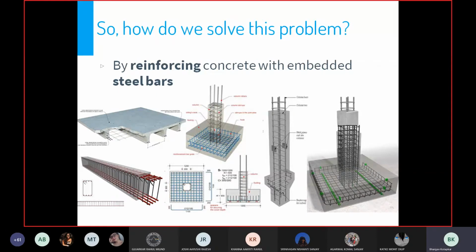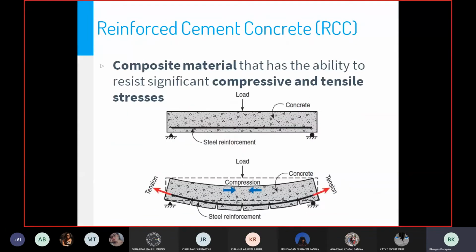So we've partially solved this problem by reinforcing various concrete elements so that it can now be used not only in compression but also in areas where we expect tension, either direct tension or say flexural tension, which is indirect tension. Concrete would not have gained its present status as a principal building material but for the invention of reinforced concrete, which is concrete with steel bars embedded in it.